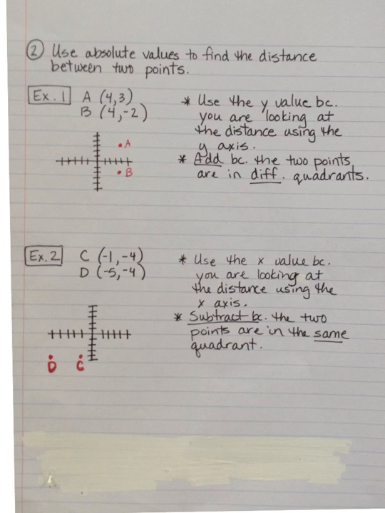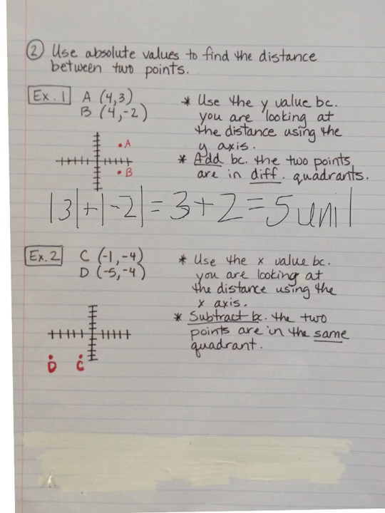I take the absolute value of the y value in A, which is 3, and then I add the absolute value of y in B, which is negative 2, because the points are in different quadrants. That becomes 3 plus 2, so my answer is 5 units. Since we haven't said what the units are, we just call them units. That's the answer for example 1.